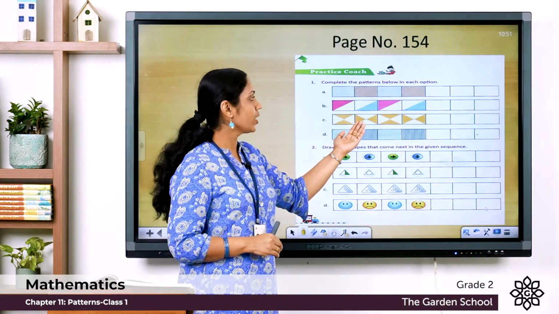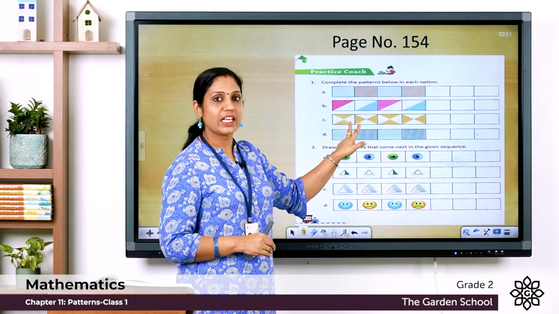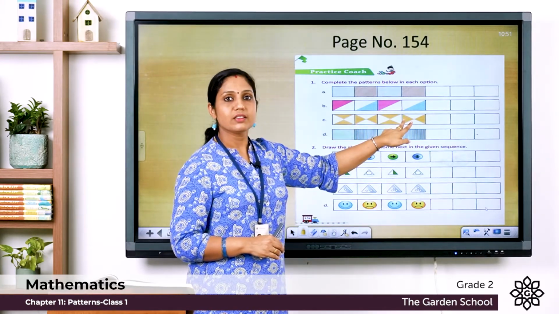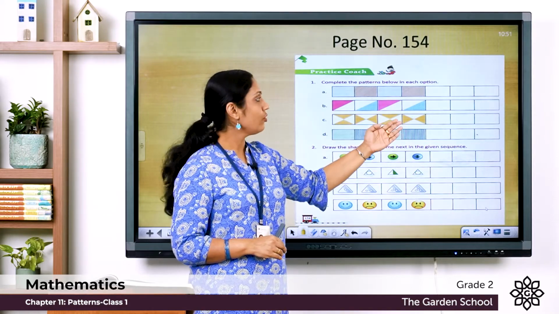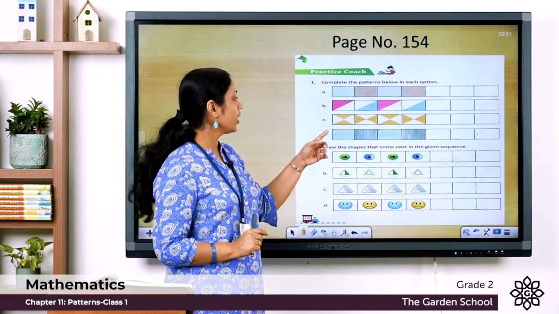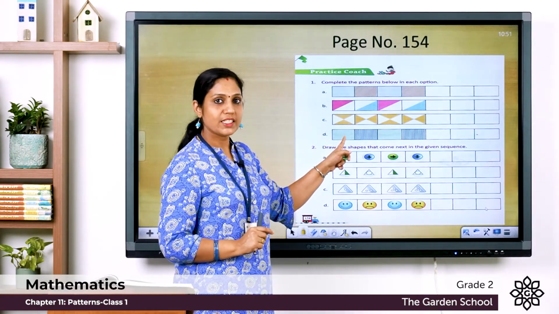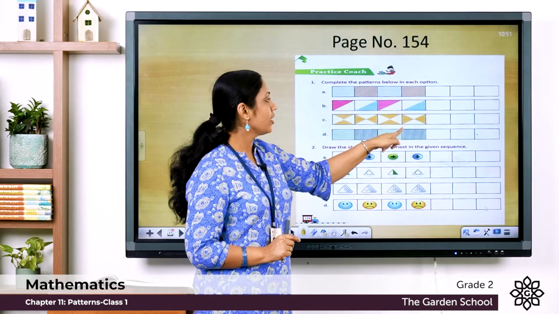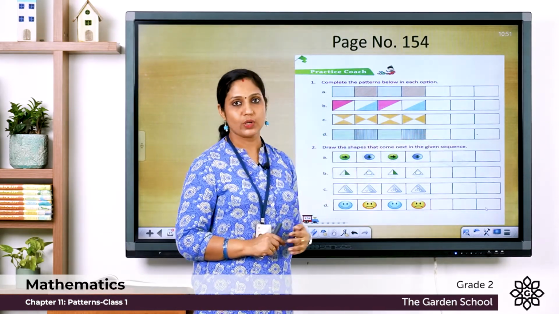In the second one triangles are drawn sidewise, and again upside triangles, again triangles side to side. Now you can complete this sequence also. In the fourth one, first horizontal lines are given, second vertical lines, again horizontal lines, vertical lines. So complete the sequence accordingly.